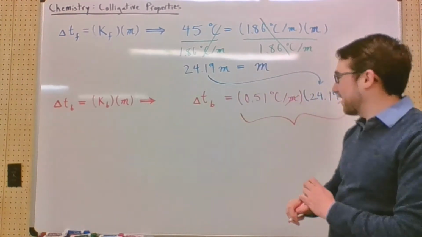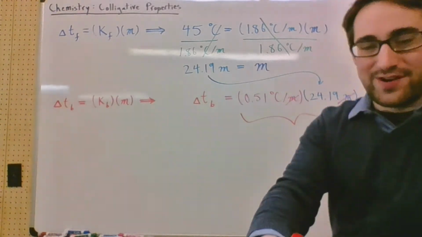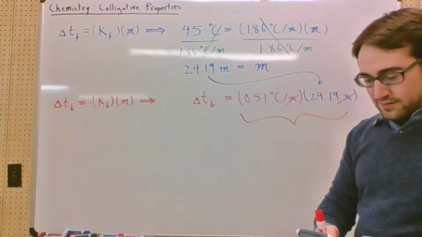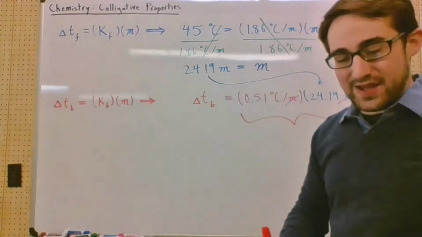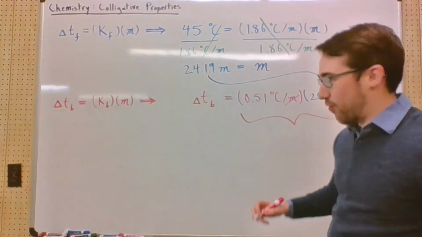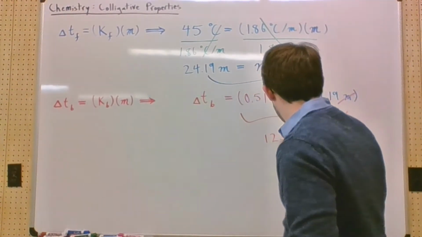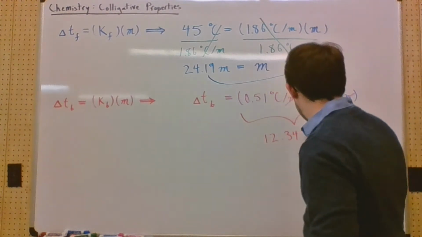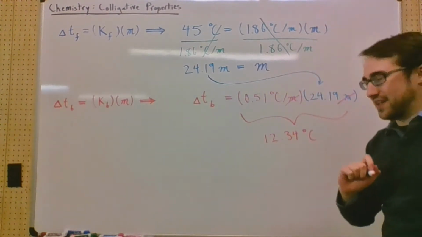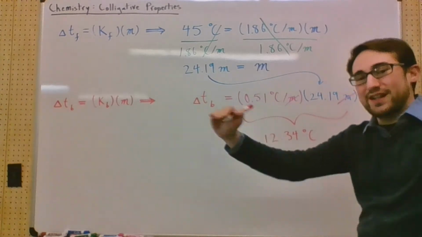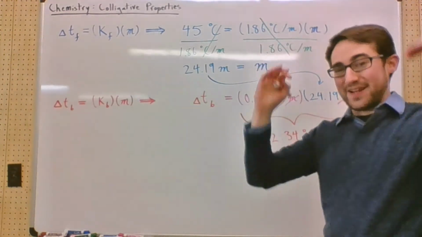So 0.51 times 24.19 is going to come out to be about 12.34. Unit is degrees Celsius, and that's how much my boiling point is raised by, is elevated by.